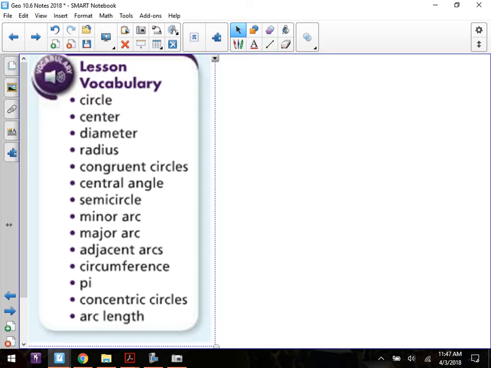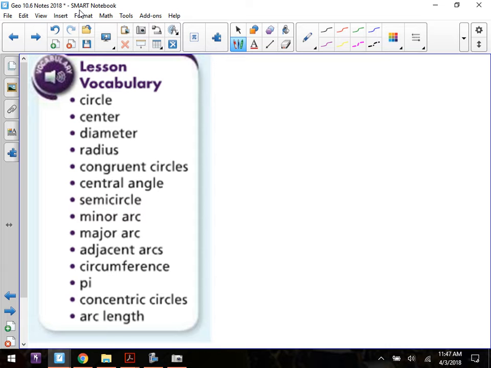Circle. What's a circle? A shape. Thanks. What defines a circle? You're getting there. All right. What makes a circle a circle? What do circles have that other shapes don't?